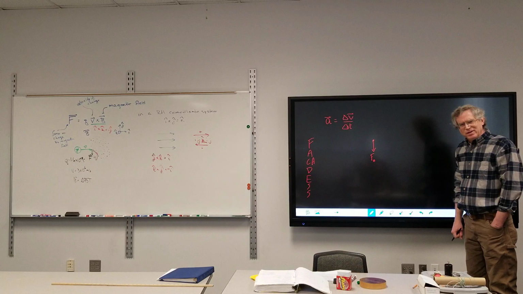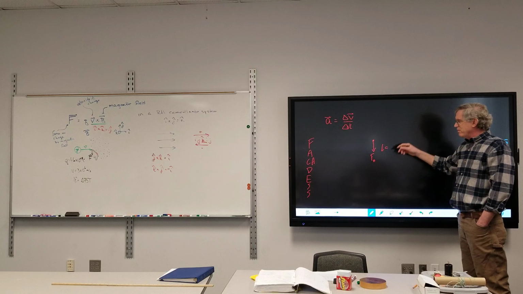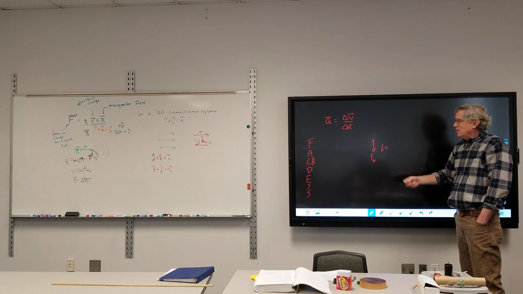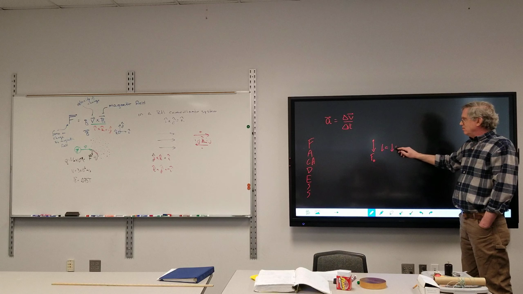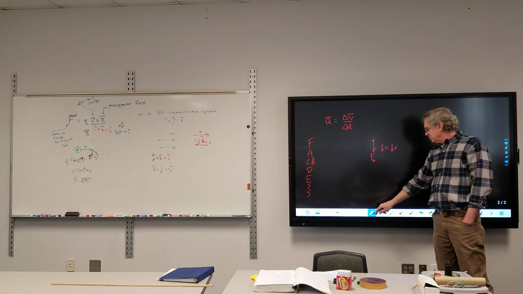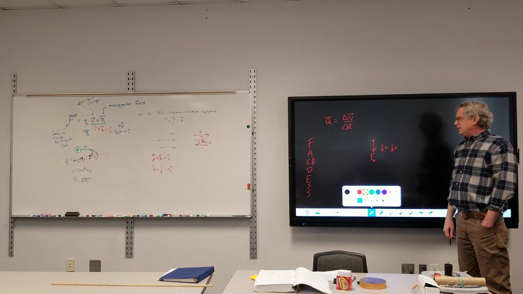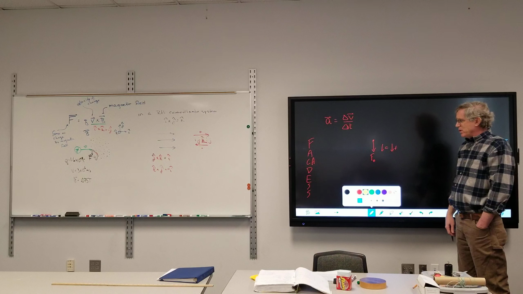Is that up or down? Down. It has to be in the direction of the force. The acceleration is going to be in whatever direction the force is. I have one force, so the acceleration has to be in that direction. So for coordinate axes, I'm just going to make that the positive direction. Do I have to break this vector up? No. It's in the direction of my positive direction, so I'm good there.